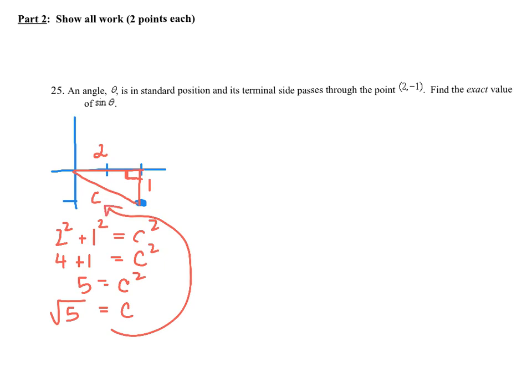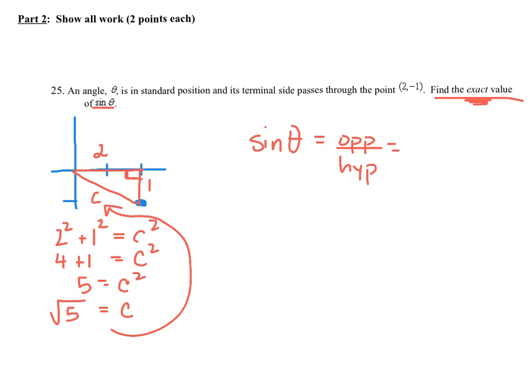Now, let's read what it's asking for. It says find the exact value of sine. All right, so remember, if we do SOHCAHTOA, sine is the opposite over the hypotenuse. And remember, they're talking about an angle theta that's in standard position.